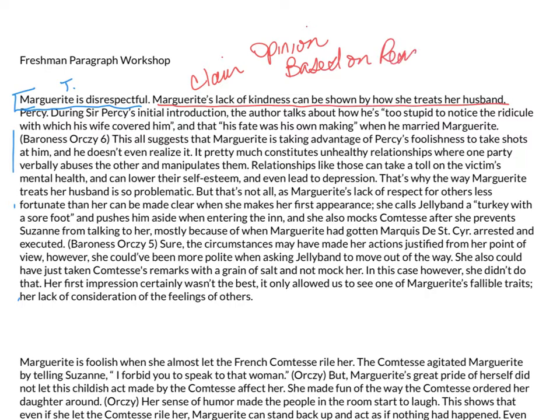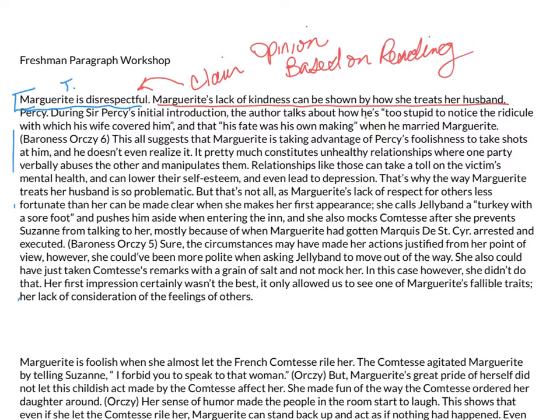So if you go telling me as your opinion that Percy is ugly, that's not going to work. The reading doesn't support it. And it should fit under the topic sentence. Does the claim that her lack of kindness can be shown by how she treats her husband fit under her being disrespectful? Clearly it does. So that seems to be a good claim.